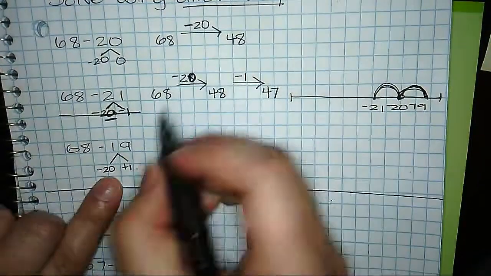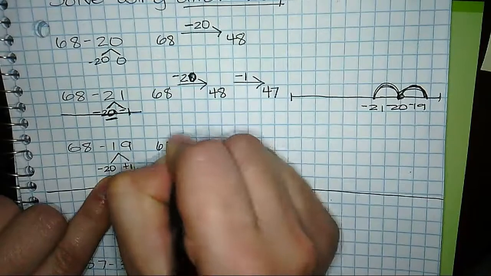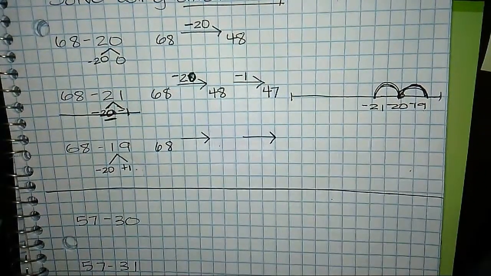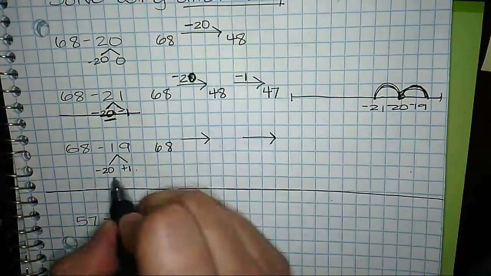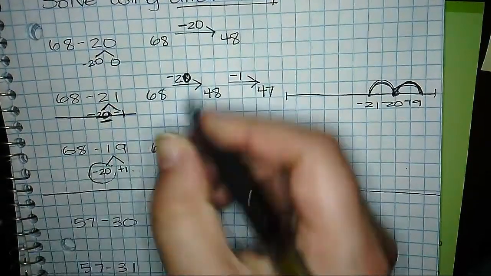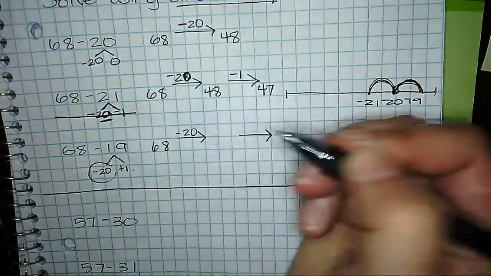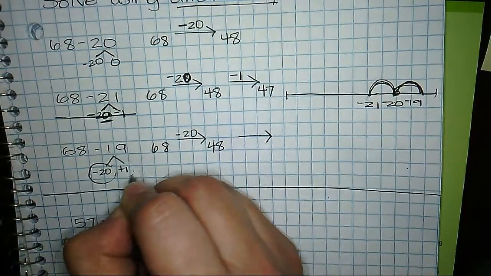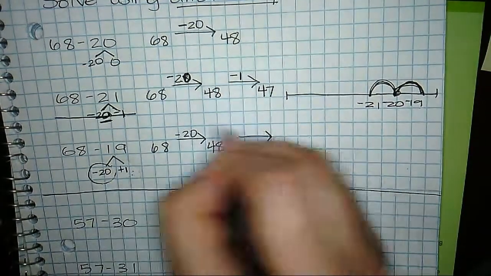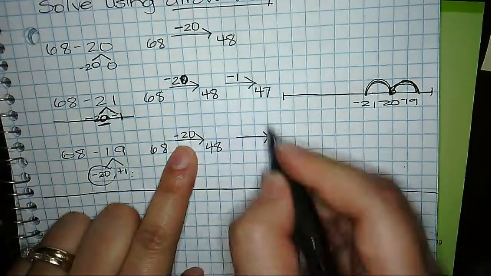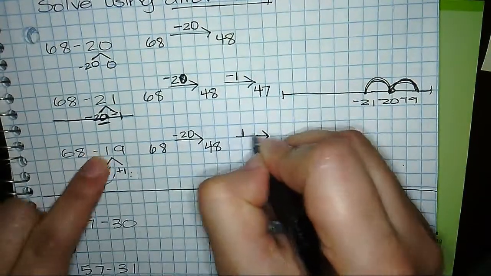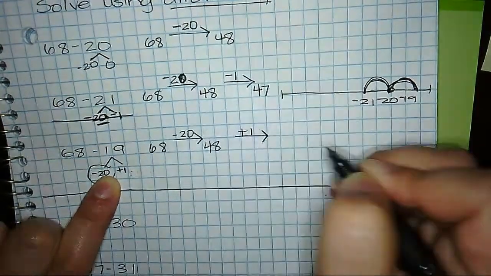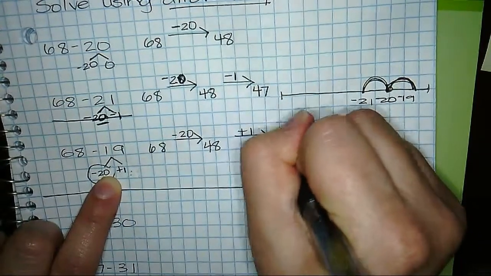So still, I first write the first number, then I write 2 arrows. Then I'm going to subtract the first part, which is this one. 68 minus 20 gives us 48. Now, I'm going to add 1, so that way I get that number 19, because 20 minus 1 gives us that 19 that I'm adding, boys and girls. 48 plus 1 gives us 49.